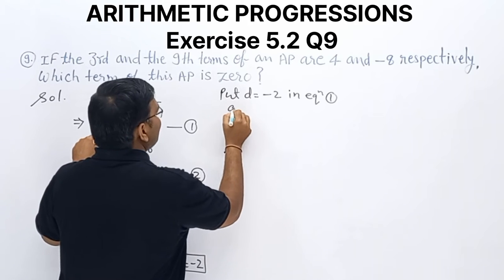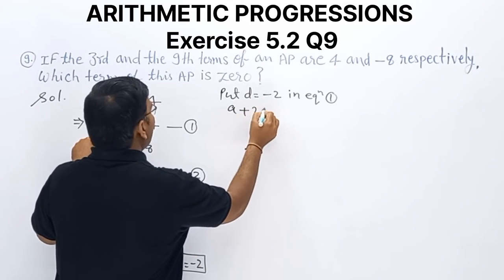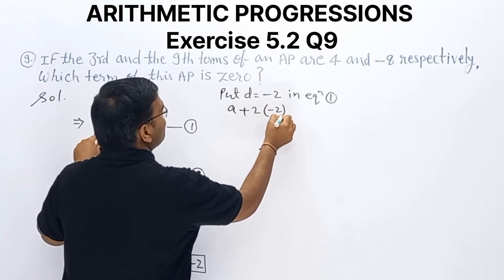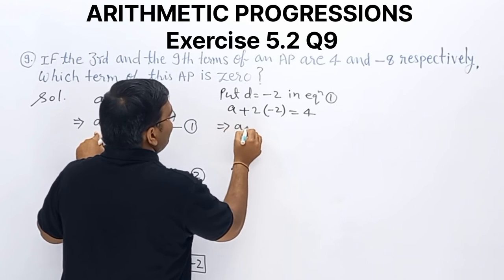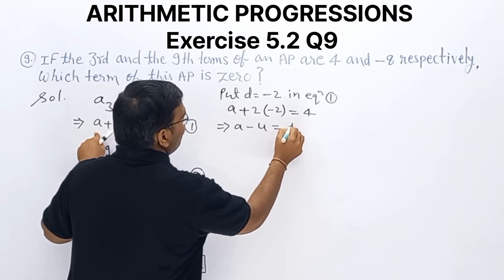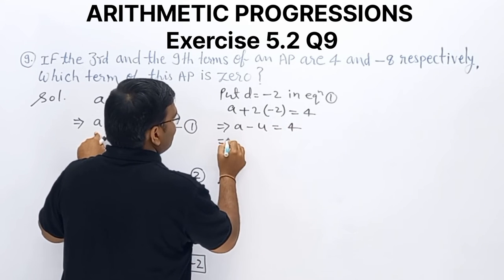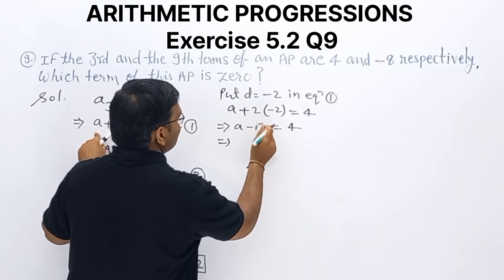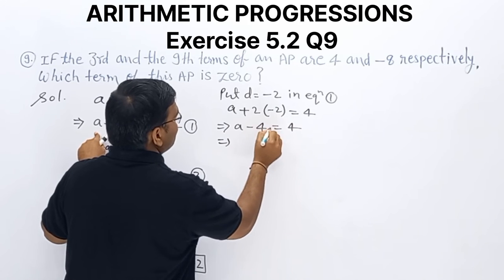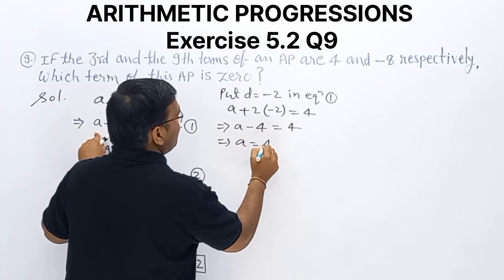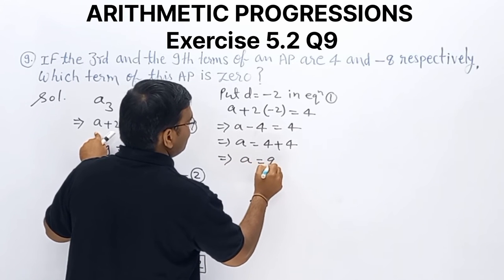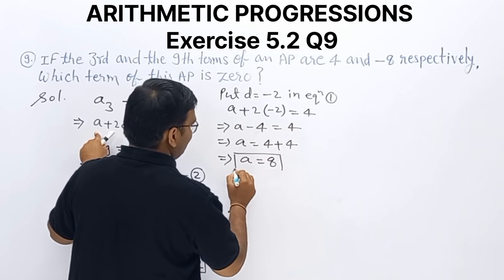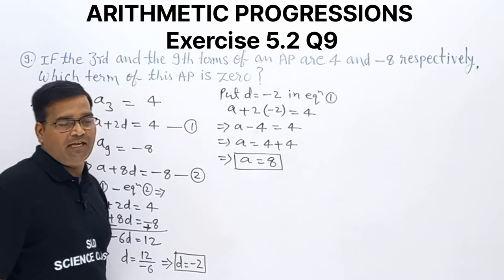Then we get a plus 2 times d, where d is minus 2, equal to 4. Solving, a minus 4 equals 4. This can be written as a equals 4 plus 4. Add both: a equals 8. In this way, we obtain the value of a.